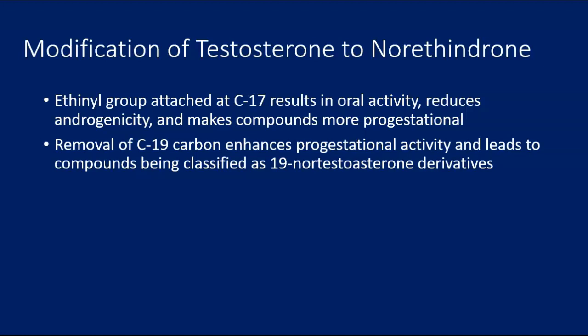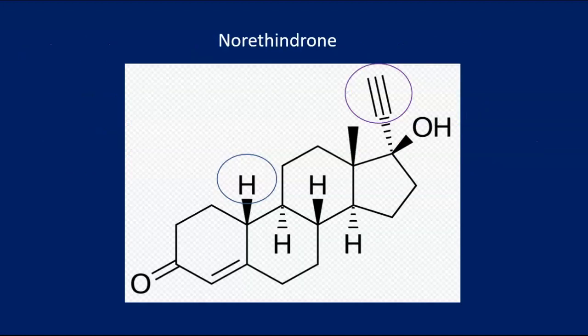But again, removal of the C19 leads to many of these compounds that have C19 missing as being 19-nortestosterone derivatives. And we can see here's where that ethinyl group has been attached at C17. And you can see when you look at C19, there's no longer a carbon there, but just a hydrogen atom.